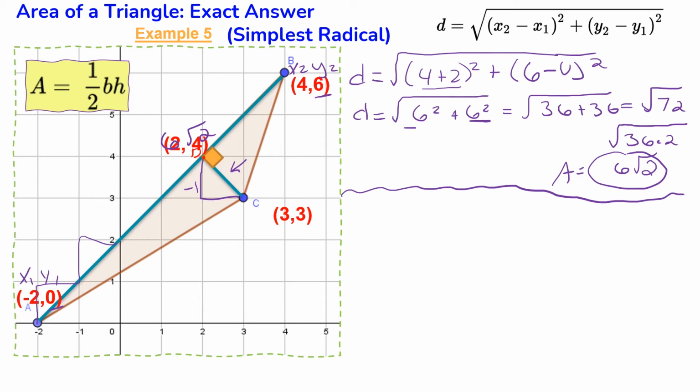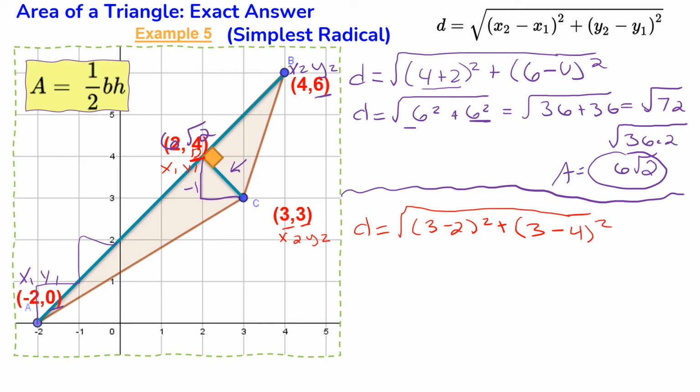So I'm going to label x1, y1, x2, y2. So plugging that in. X2 is 3, x1 is 2, so 3 minus 2 squared plus y2 would be 3 as well, minus y1, which is 4.